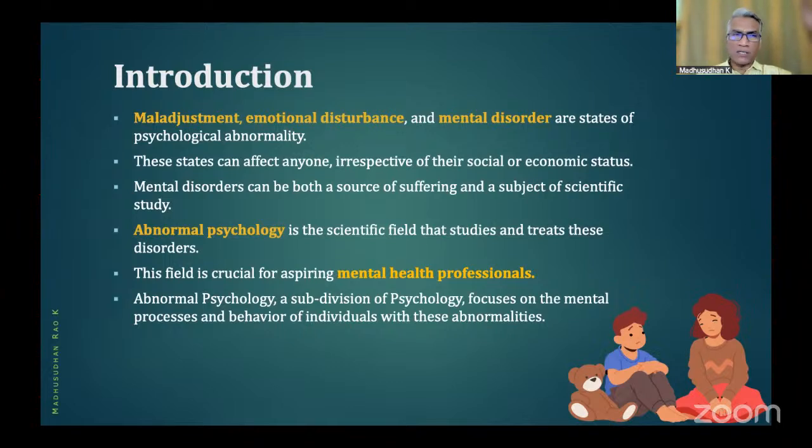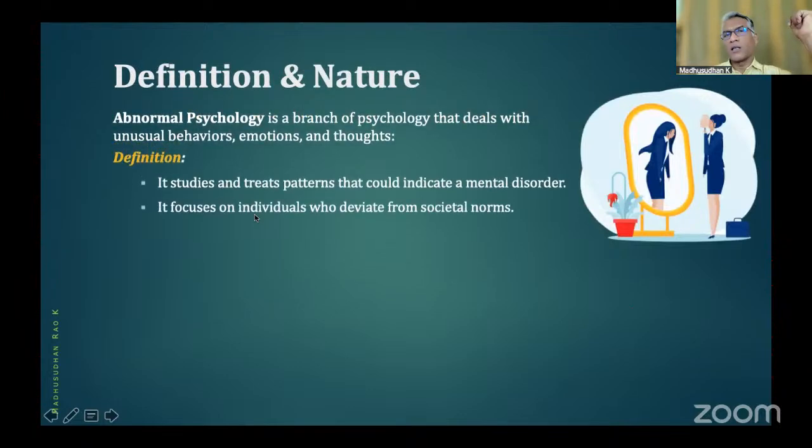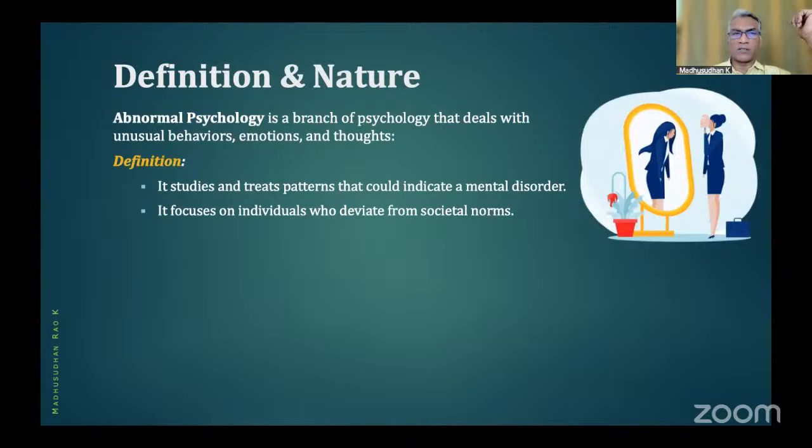So now let us try to understand the terminology and definitions and what it actually means. All these things we'll try to understand. Abnormal psychology is a branch of psychology, as you already know. It deals with unusual behavior, emotions, and thoughts.